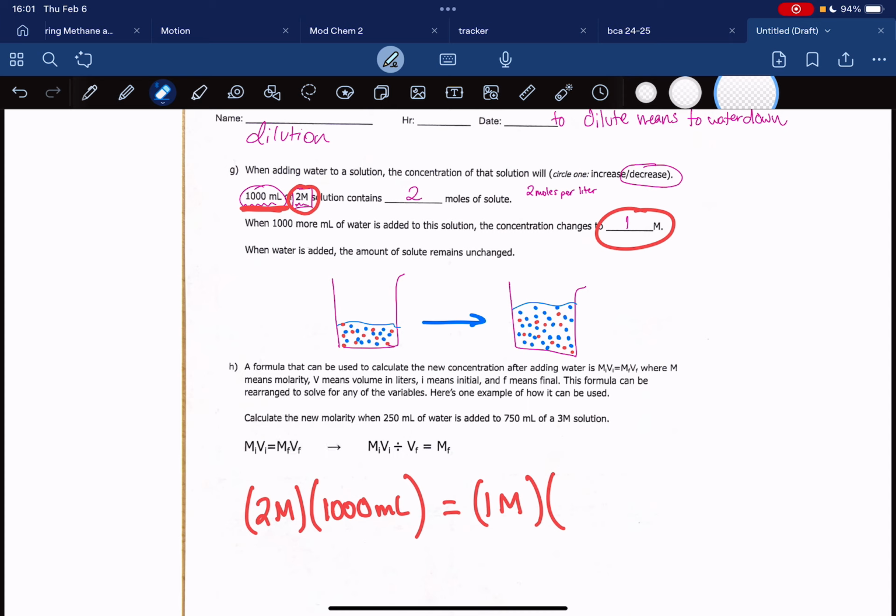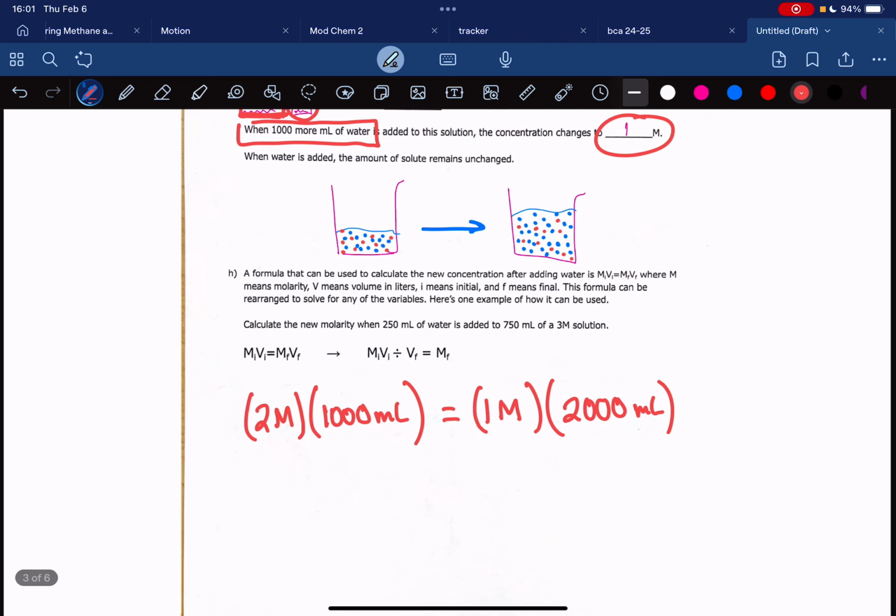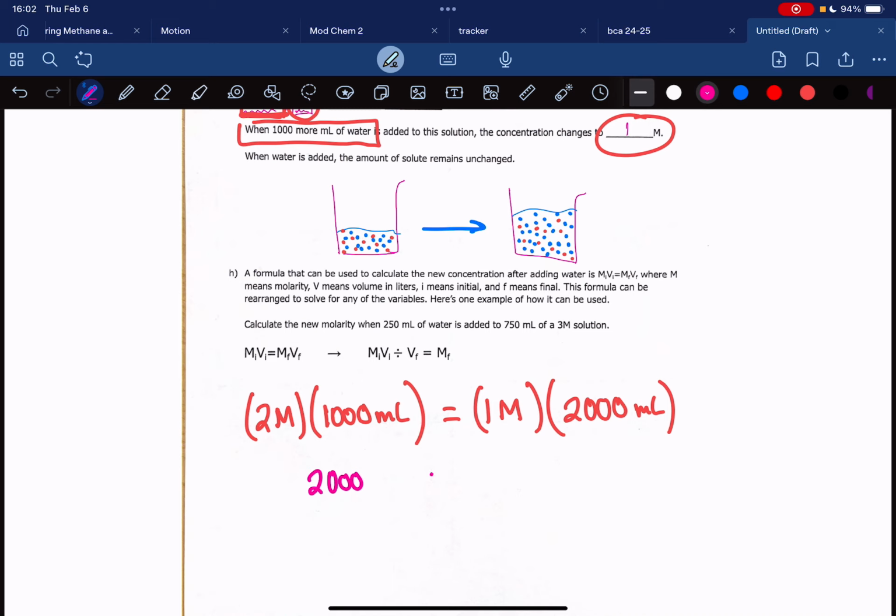And our final volume, if we had 1,000 milliliters of solution and we added 1,000 more mils of water, 1,000 plus 1,000 is 2,000. So we can see from the example that we already talked about in G that our formula holds true, right? 2 times 1,000 is 2,000 equals 1 times 2,000 is 2,000 again. So 2,000 does equal 2,000.